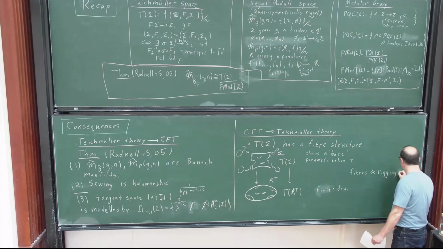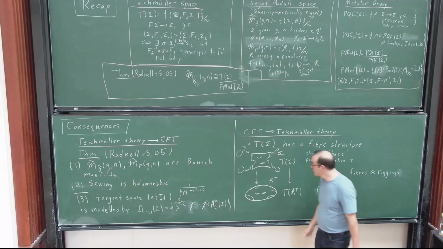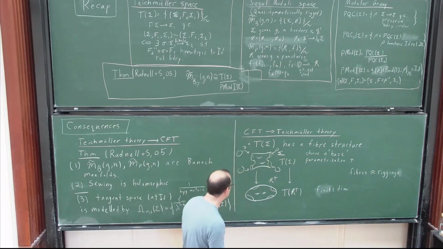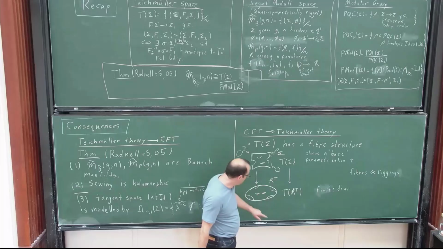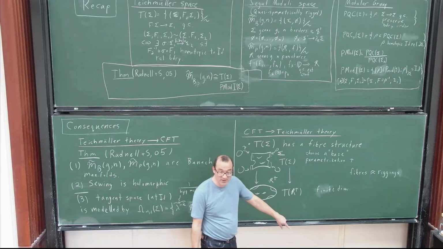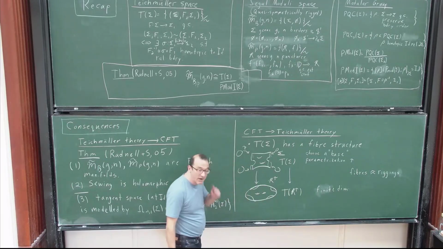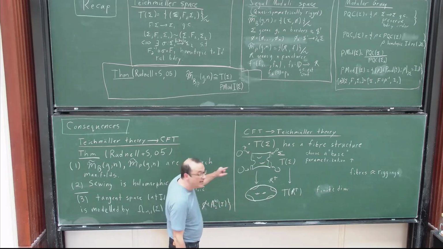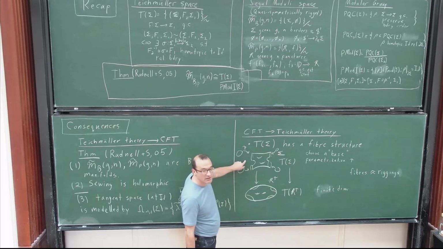And I think it's a natural idea to try to construct a moduli space by taking the Teichmüller space and adding in riggings. But the content here is that that space already existed classically.